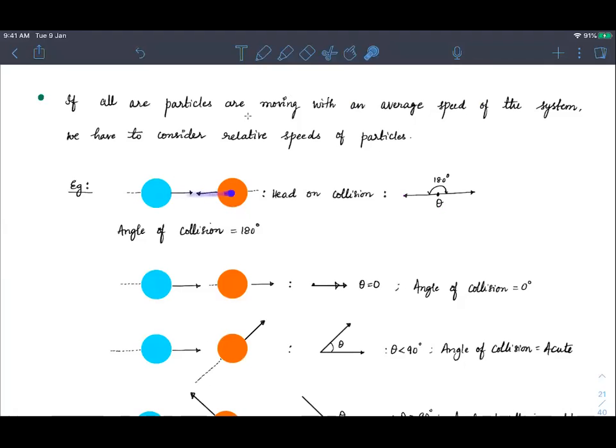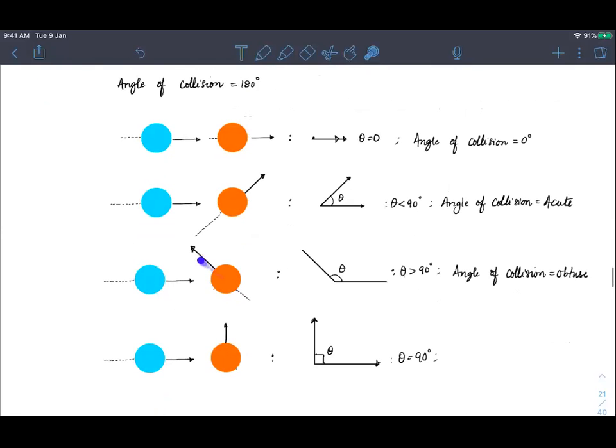If both of them collide with each other, the angle of collision could be 180 degrees. It could also be that if the speed of the reference particle is more and this one hits from behind, the angle of collision will be 0. It could also be that it hits like this, going in this direction, with an angle theta between them, which is an acute angle. It could also be that this particle is going this way and hits like this, and it could be an obtuse angle.